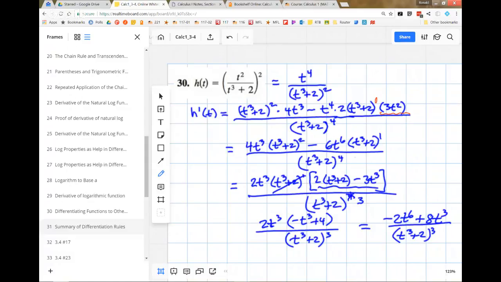And then I took out the least powers again out of these 2 terms. Between 4t cubed and 6t squared, we can take out a 2 out of the 4 and the 6. We can take a t cubed out of the t cubed and the t to the 6th. And then you notice we have t cubed plus 2, and the lowest power is 1. So I took that out. So what's left?